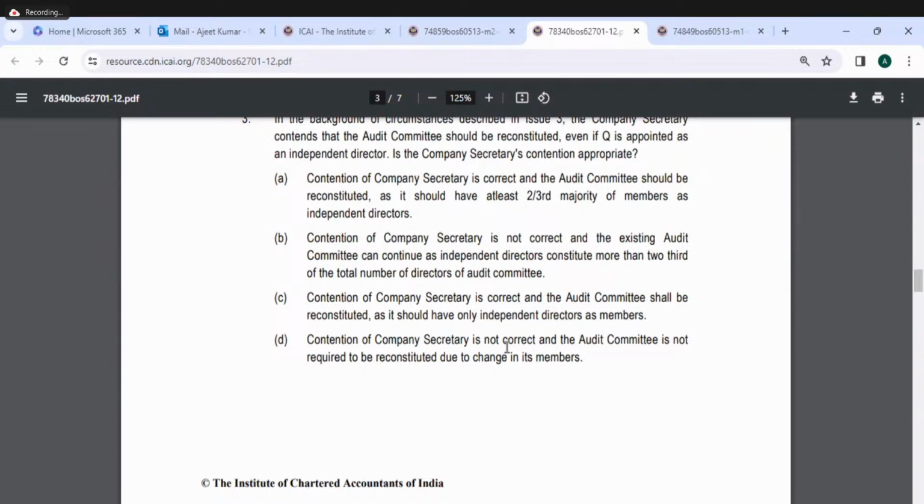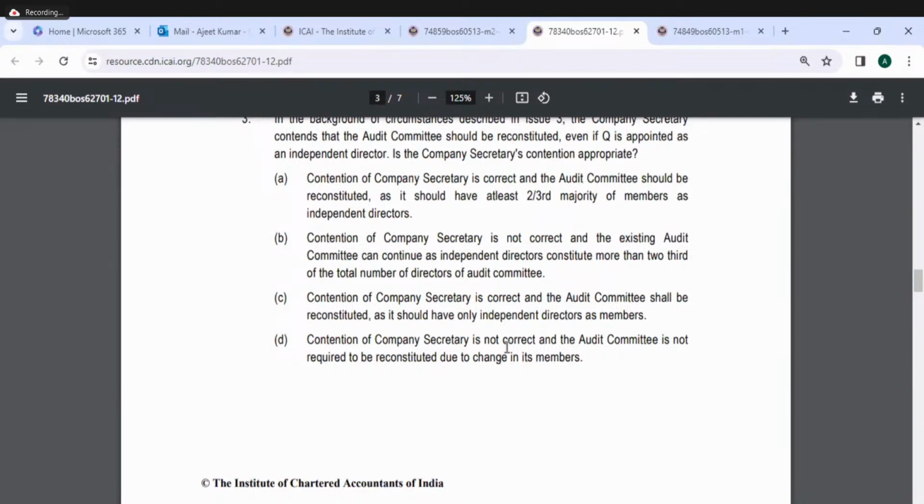They can even mark the correct answer as B or D, because for them the contention of company secretary is not correct. So while doing MCQs, not only of this subject, corporate and economic laws, but of any subject, the options are so close to each other and so confusing. And many times the facts of the case scenarios are such that if you do not read them in entirety, you can get confused. So option B is also not correct and you should read very carefully.